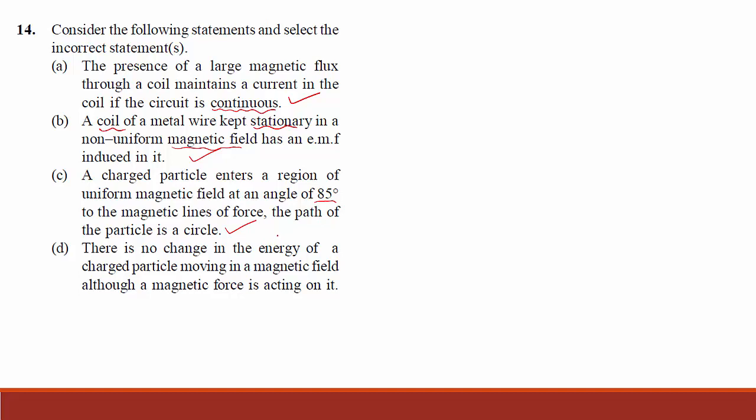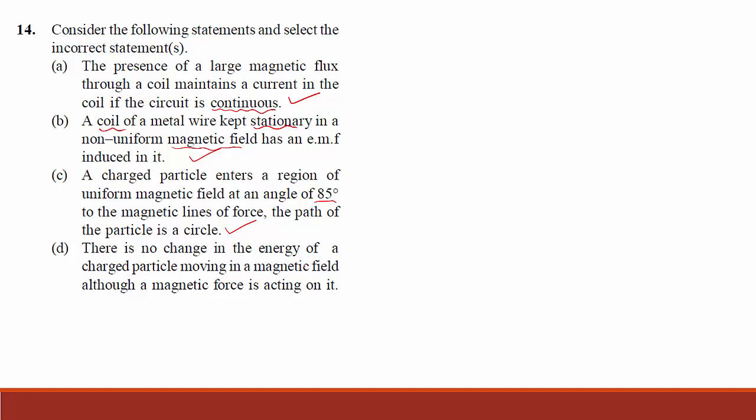Remaining is only the last option. Obviously that may be the incorrect statement. Let us see the fourth statement. There is no change in the energy of a charged particle moving in a magnetic field although a magnetic force is acting on it. It is wrong, because there is a change in the energy of the particle.